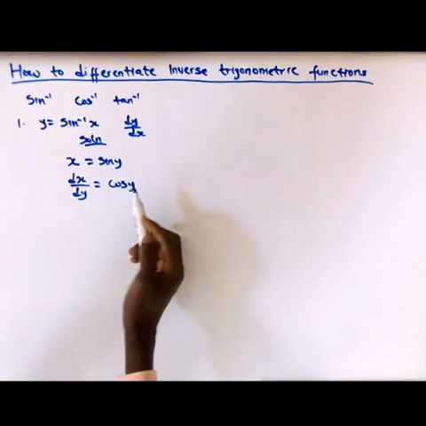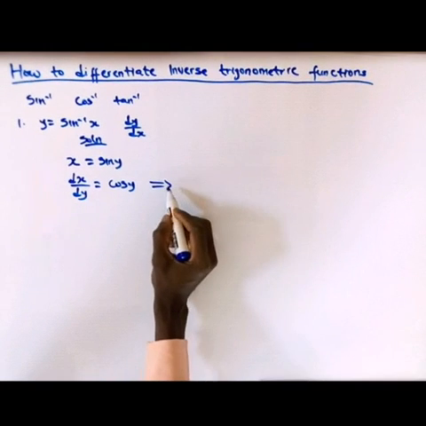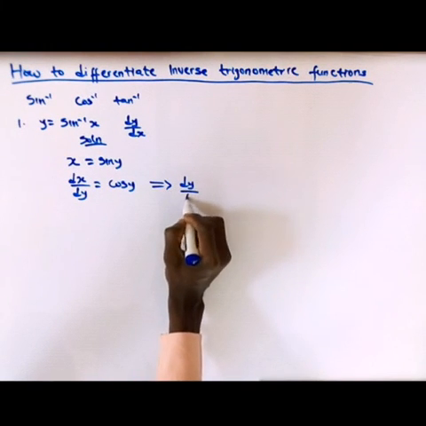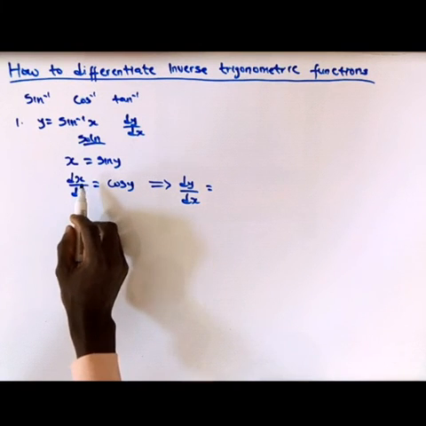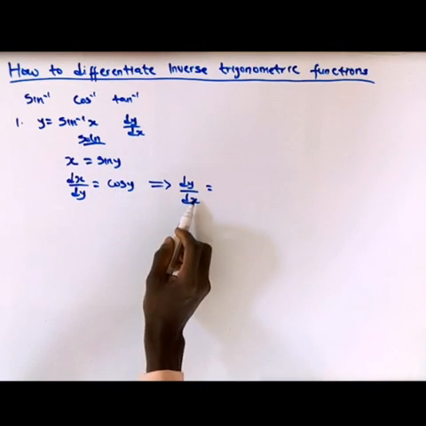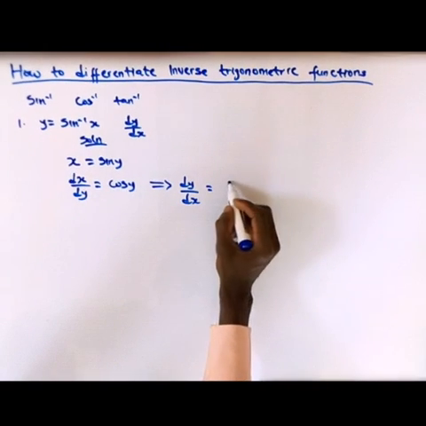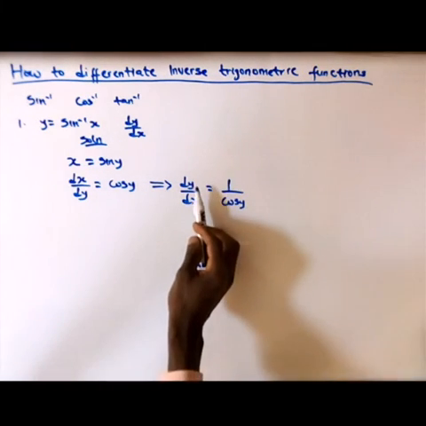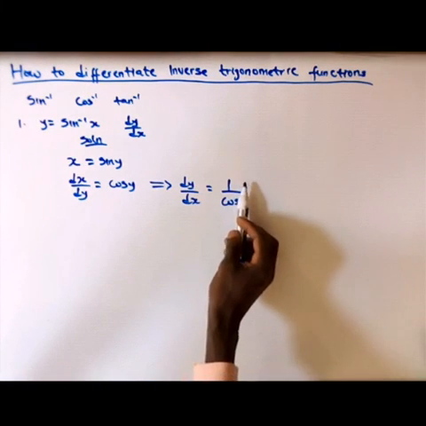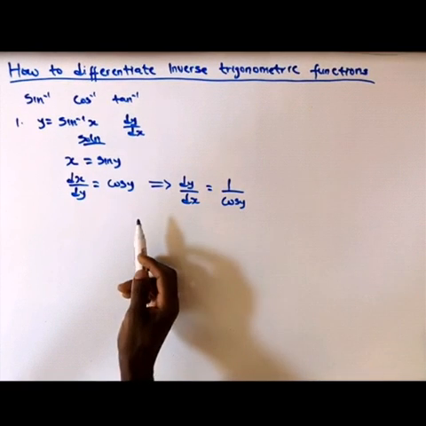If ds/dy is equal to cos y, this implies that dy/ds will give us the reciprocal of this. The reciprocal of ds/dy will give us dy/ds. So that means it's going to give us 1 over cos y. So we have our dy/ds to be equal to 1 over cos y.